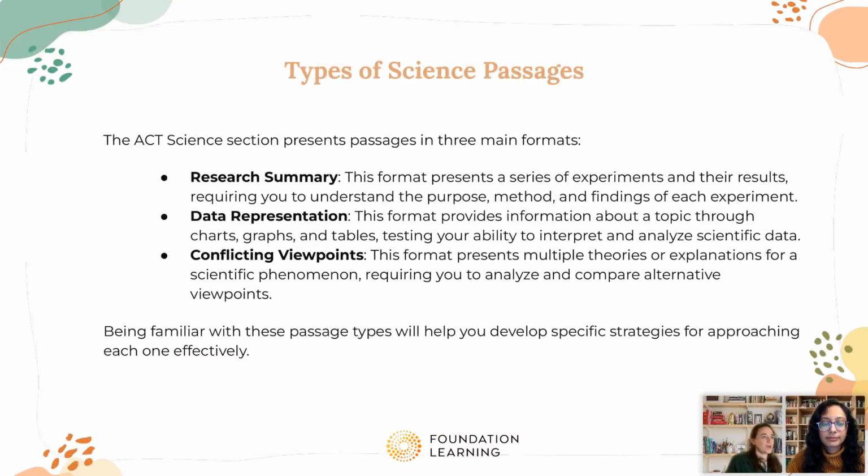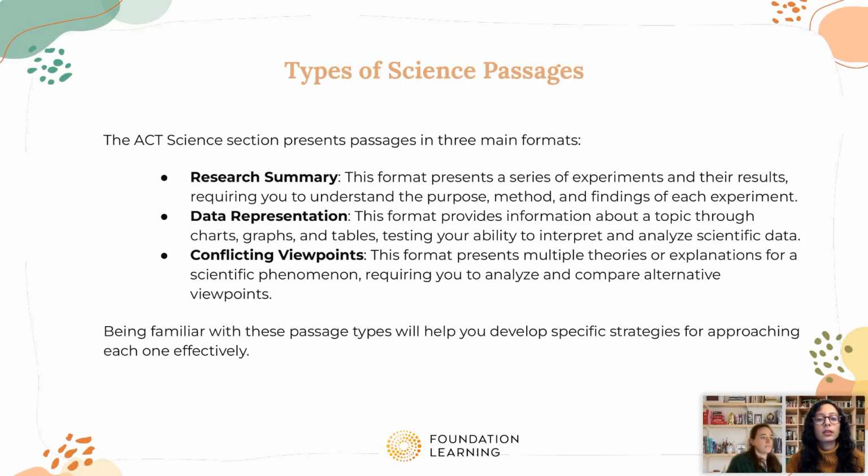All right, so now let's talk about the different types of science passages that you'll encounter. Right, so as we mentioned earlier, the science section is similar to the reading section in that there will be passages, and you will be primarily understanding how to answer the question by reading what exactly is asked of you.